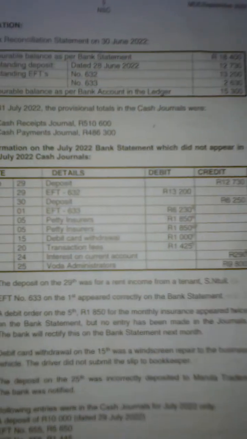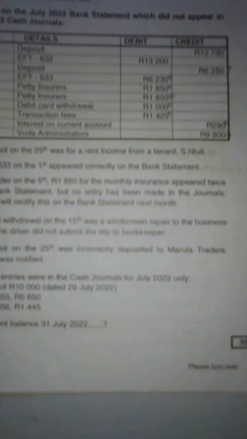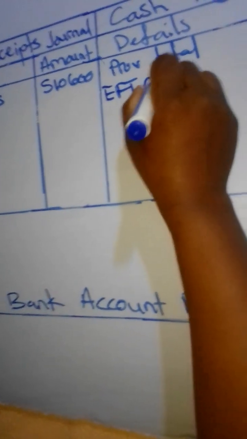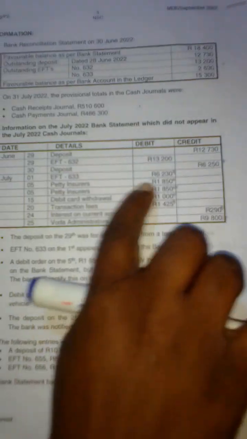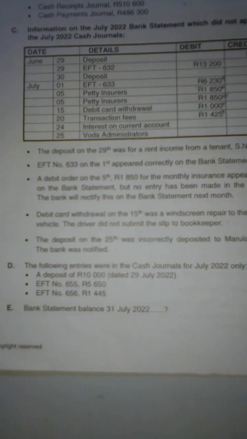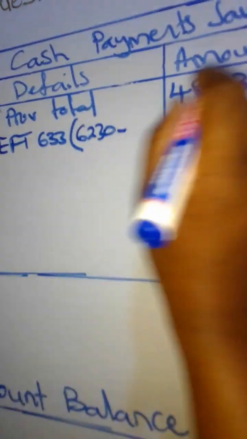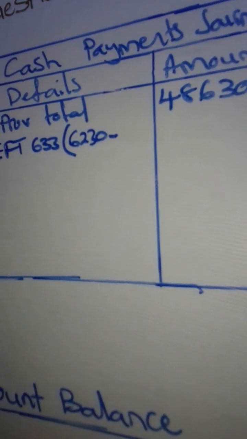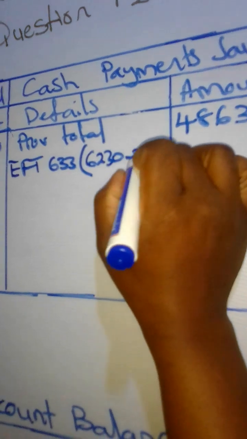Alright, so the amount is for EFT 633. I opened a bracket here. The difference between these two amounts, it was understated. This one is the correct amount. We are correcting it. 6,230, and then we say minus the amount that is given in the previous bank reconciliation, which is 2,630.